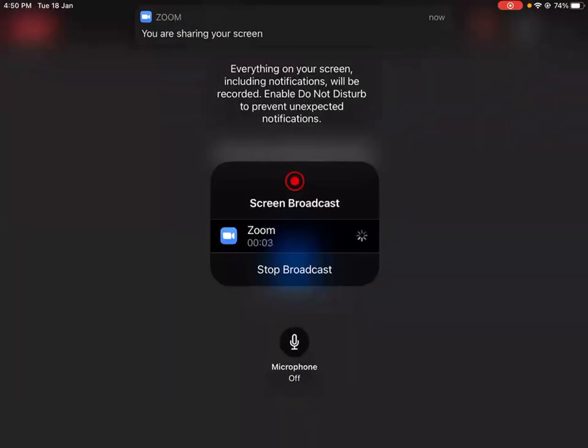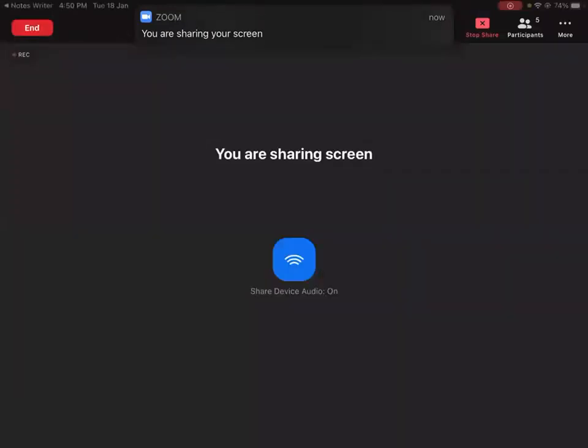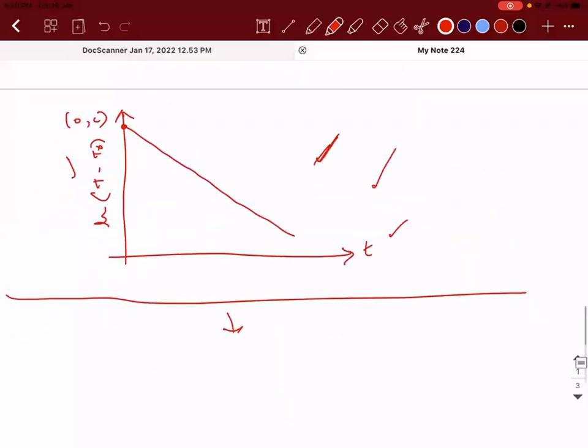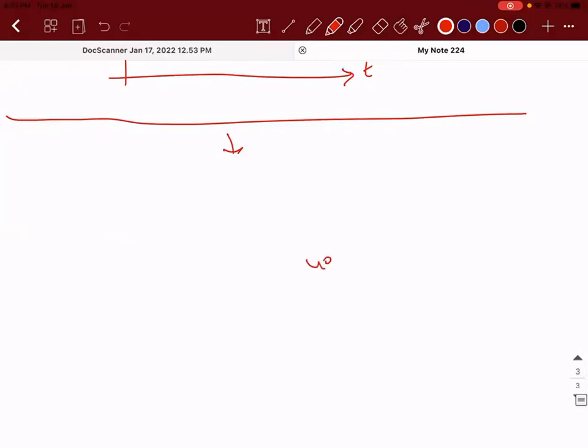For 12th and 11th, it is the same. It is 35 marks. It is a 2 hours paper. This is the one they gave for 12th standard. I'm assuming it is the same for 11th also.